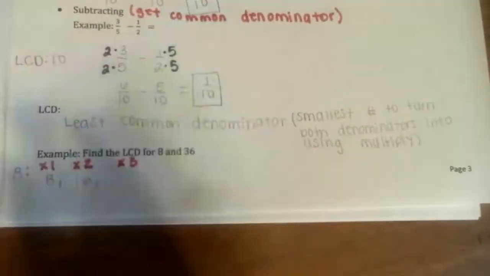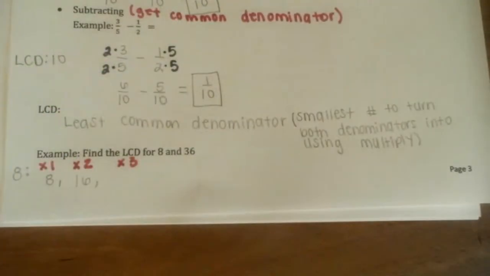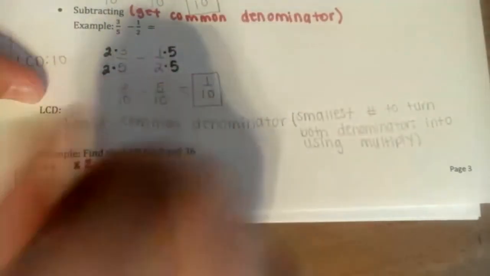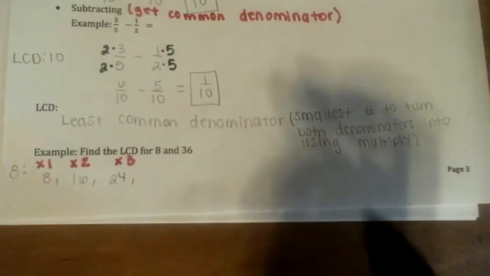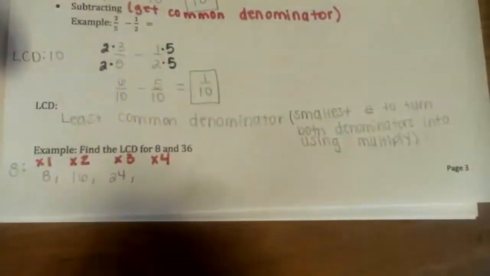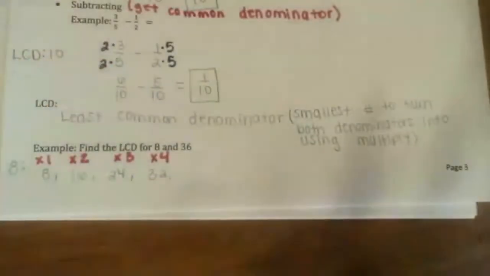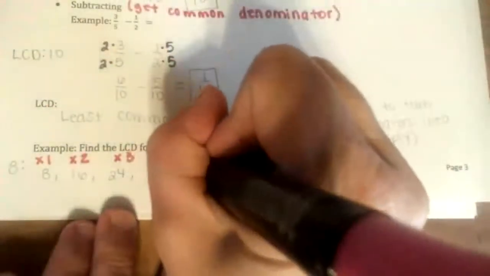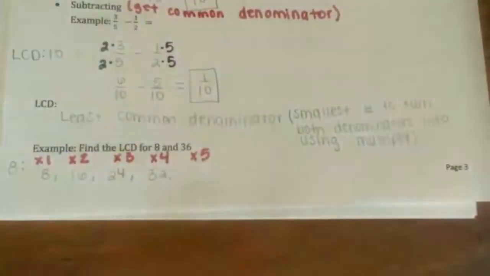We can do 8 times 3 to give us 24. So 24 is an option we can turn it into. We can do 8 times 4 to give us 32. We can do 8 times 5 to give us 40. Again, we're just looking at all the different options that we can turn 8 into using multiplication.